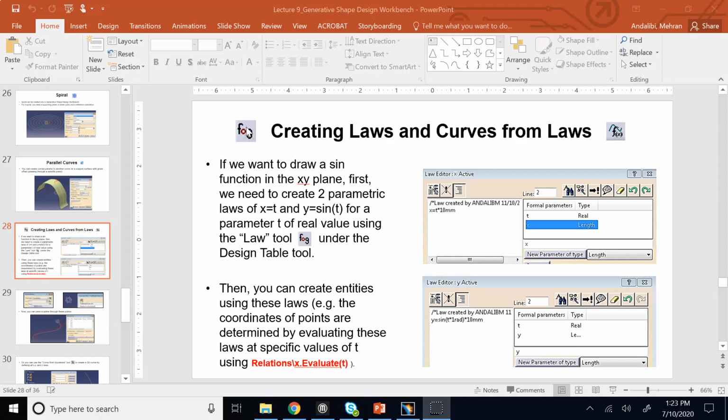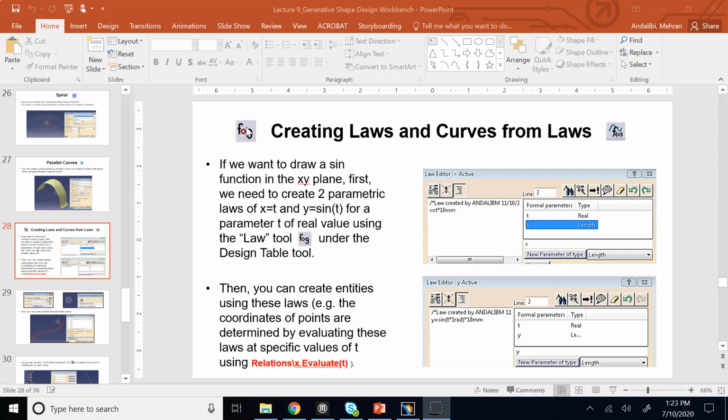One of them that is quite common and used a lot is basically an involute curve, the curve that is used in a profile of a gear tooth.